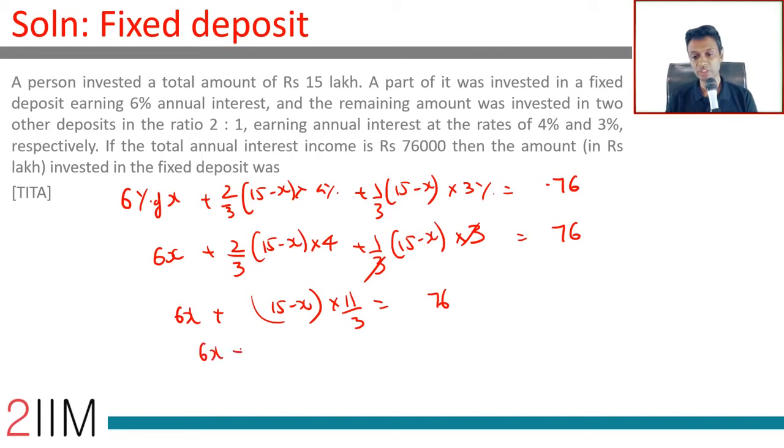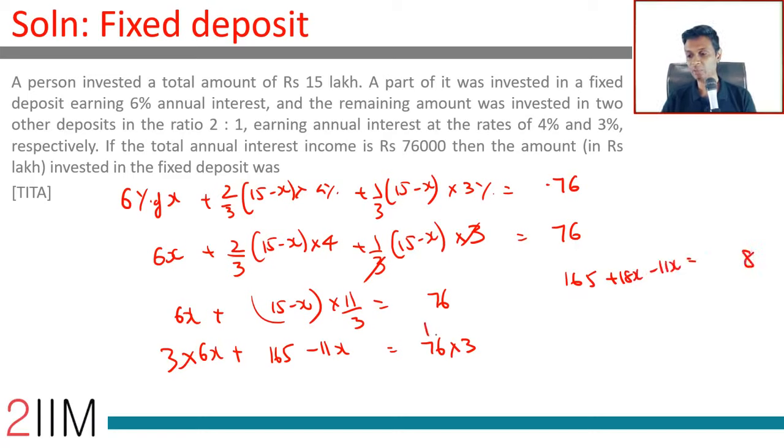Or 6X plus 15 into 11, 165. 6X into 3, 15 into 11 minus 11X equals 76 into 3. So 165 plus 18X minus 11X equals 228.